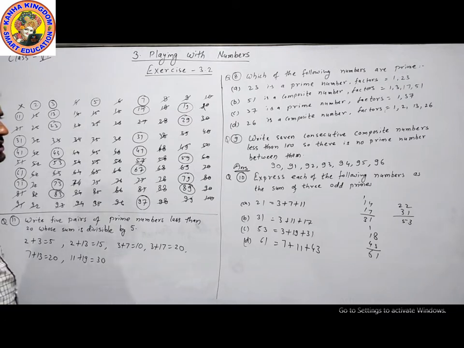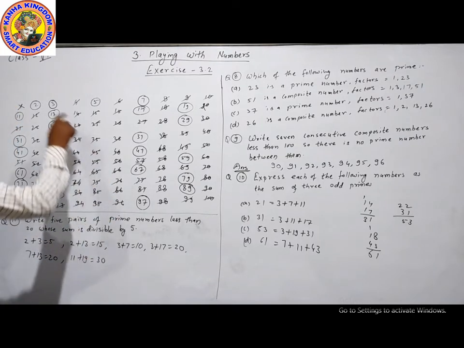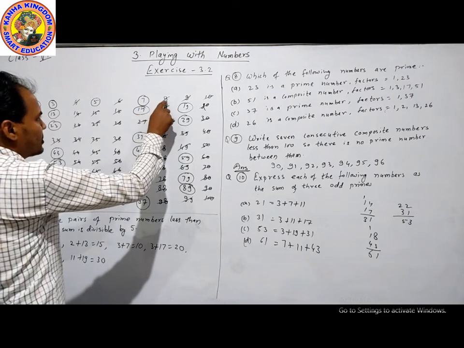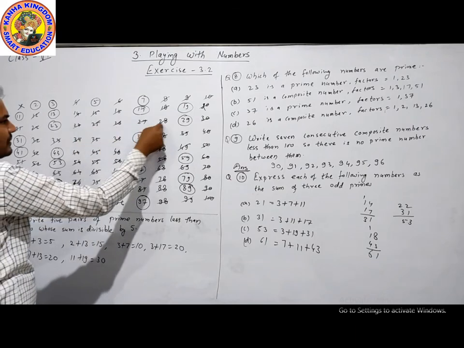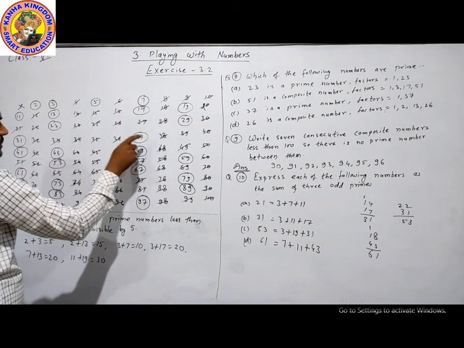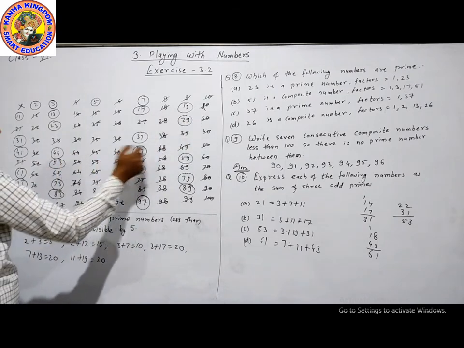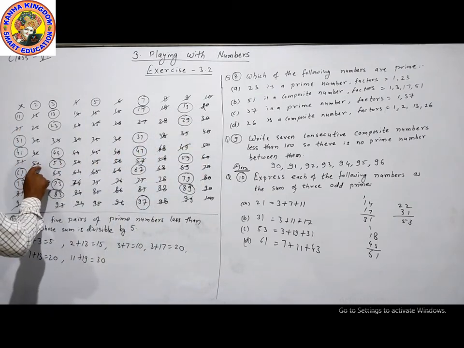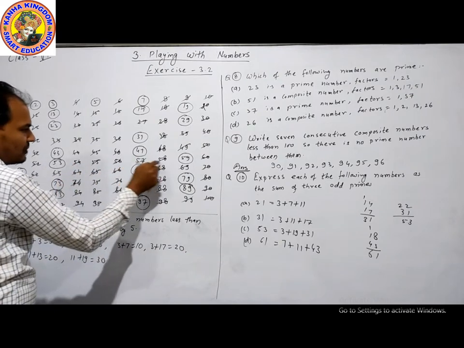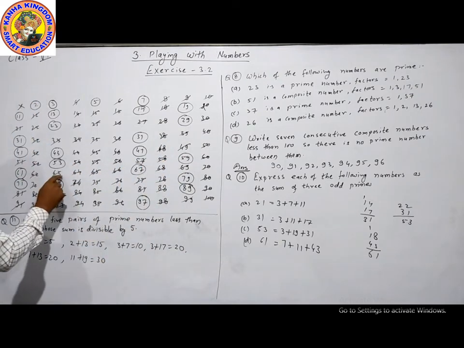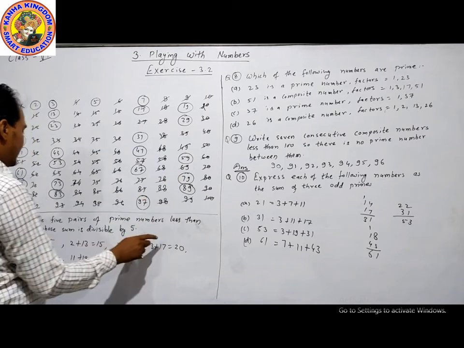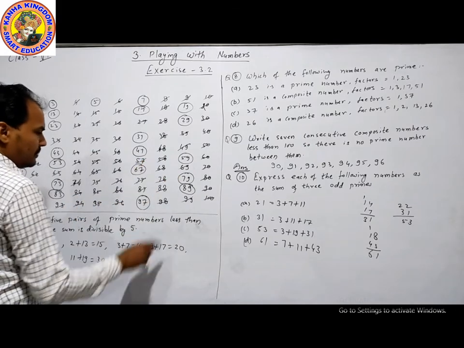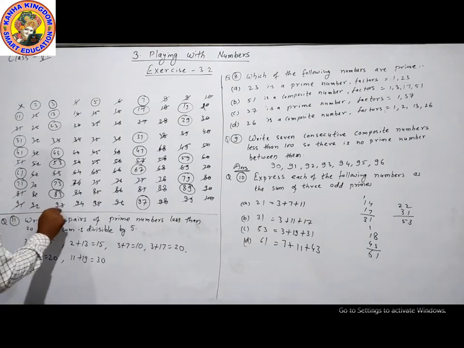Question number 9. Write 7 consecutive composite numbers less than 100, so there is no prime number between them. We have to find 7 continuous numbers in which there is no prime number. So we take continuous numbers, and the chain breaks each time we meet a prime.